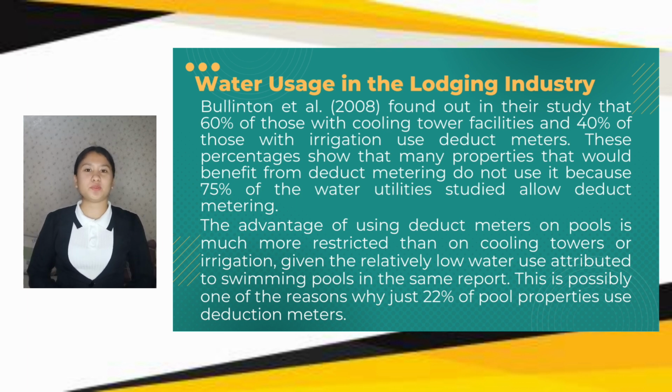The advantage of using the deduct meter on pools is much more restricted than on cooling towers or irrigation, given the relatively low water use attributed to swimming pools in the same report. This is possibly one of the reasons why just 22% of pool properties use the deduct meter.